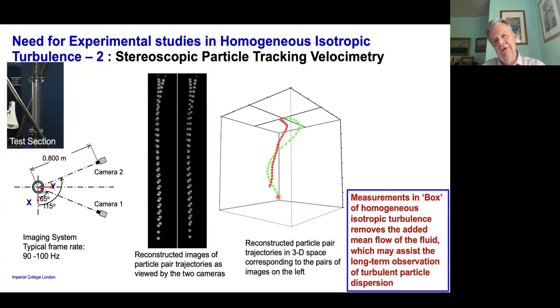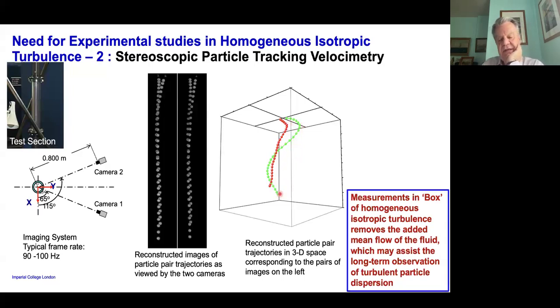They go along straight lines and change a couple of times, but this is not what you would expect. If you had turbulence, you would expect more noisy trajectories.